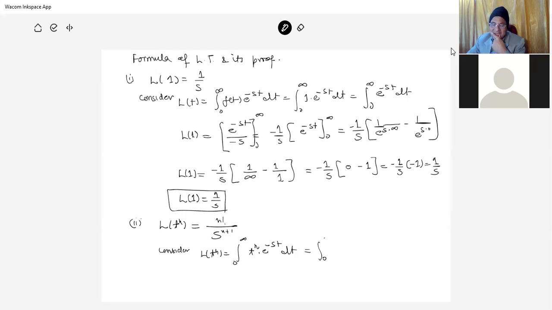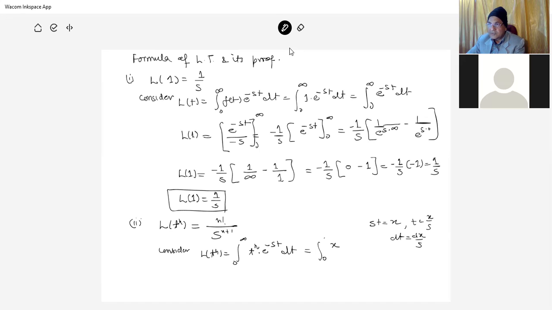You can consider this as a substitution method, and in this substitution method you take s of t is equal to x. So t is equal to x by s, and dt is equal to dx by s.